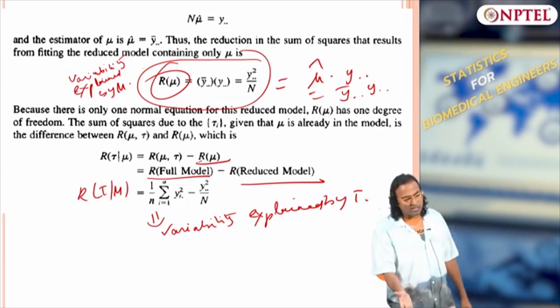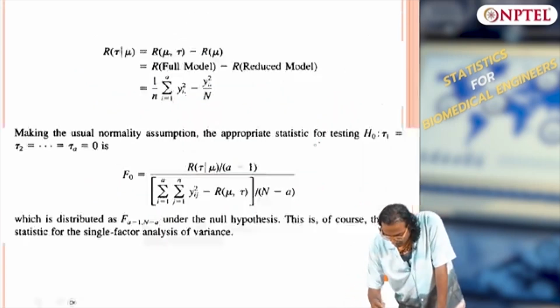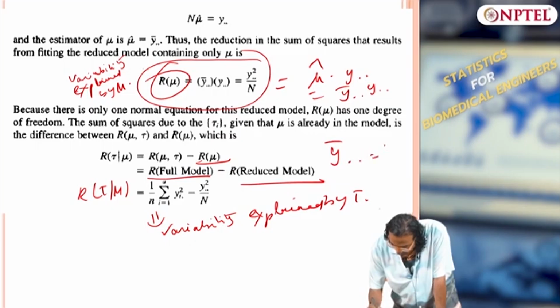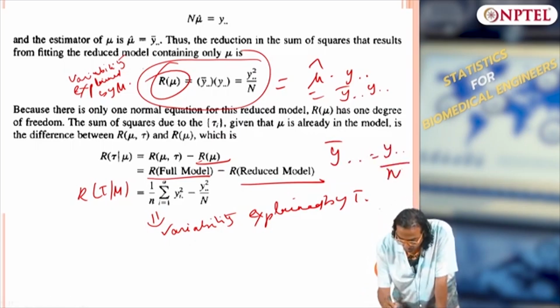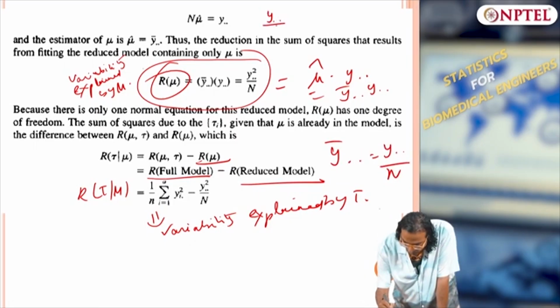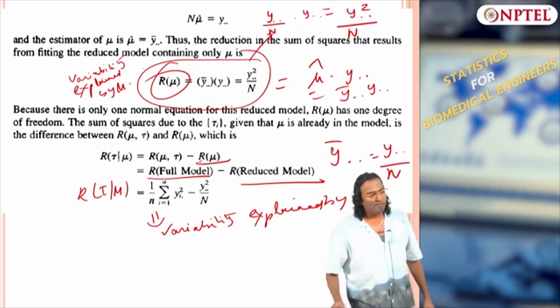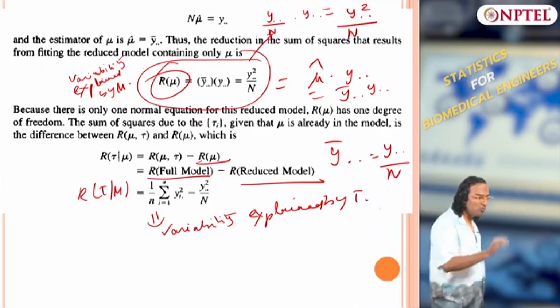So I know what R(mu) is, which is nothing but y dot dot squared divided by N, okay, because what is y bar dot dot? Y bar dot dot is nothing but y dot dot divided by N. So now I have y dot dot divided by N into y dot dot, which equals y dot dot squared by capital N. This is my variability explained due to mu alone.